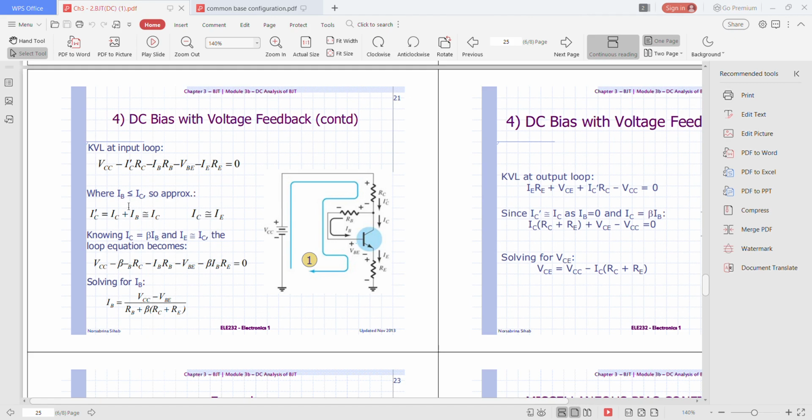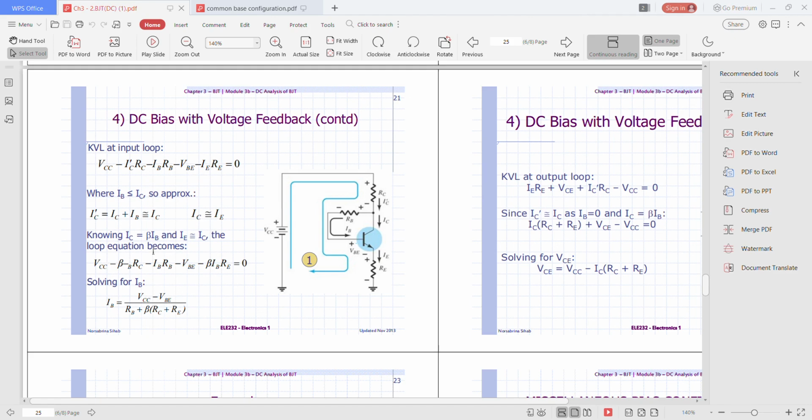Since IB is less than IC, we can do the approximation where I'C equals IC. Also, since IC is approximately IE, we can substitute into the equation here IE.